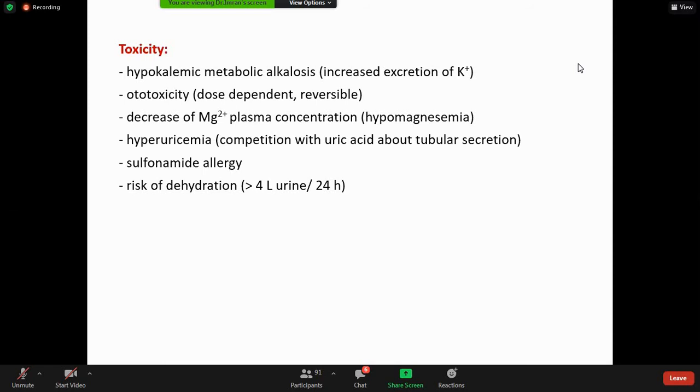Because in mild to moderate hypertension there is no marked excretion, so it will not cause increased fluid loss or dehydration. But the loop diuretic enhances excretion, and an increased amount of volume is squeezed out, so it may cause dehydration. That is why its use is restricted to emergency situations.